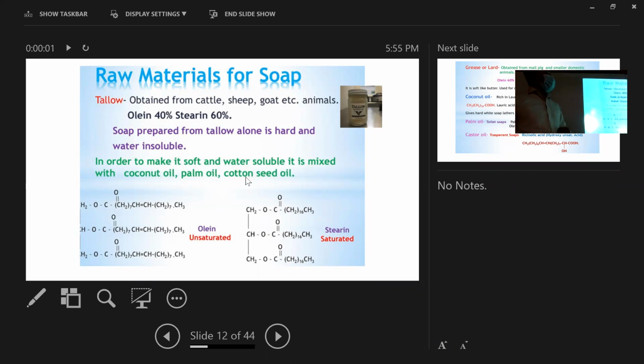Have you ever seen some very big soap on the roadside? You can see some like a ball. Tallow, is it extracted from the leaf? This is from cattle, sheep, goat, different types of animals. Yeah, fat.